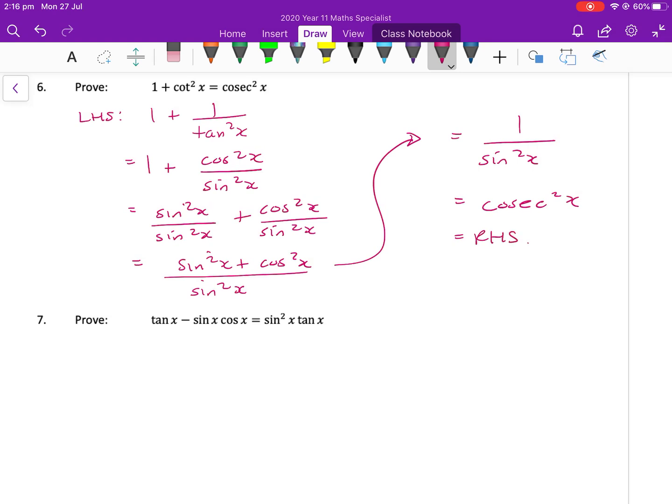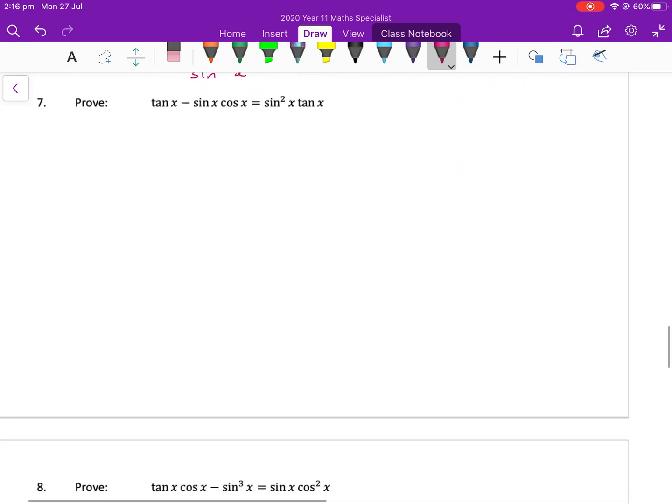So you can check your solution of your proof for question 6. In question 7, we've got tan x take sine x times cos x equals sine squared x tan x. So again, I'm going to take the left-hand side. Having a look at what I want it to equal, I'm going from 2 terms down to 1 term, and I've got a sine squared.